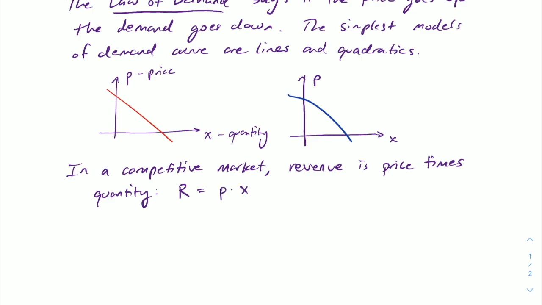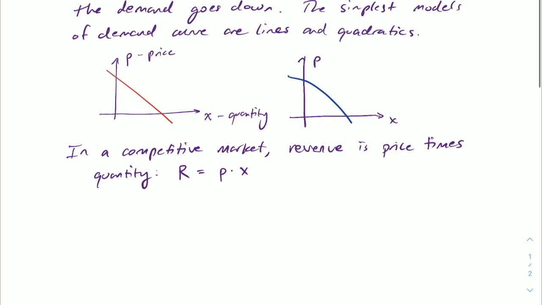So if P is a line, then R is going to be a quadratic, because it's going to be X times that line.